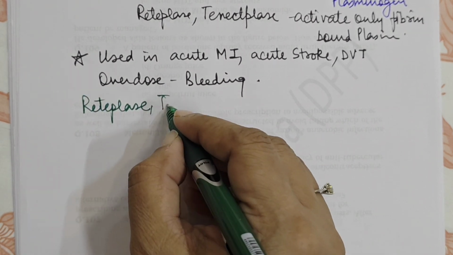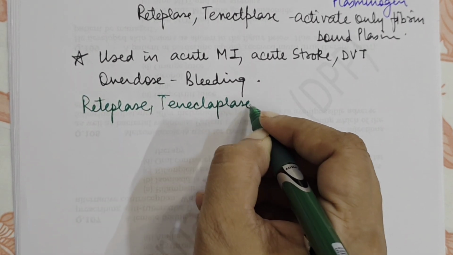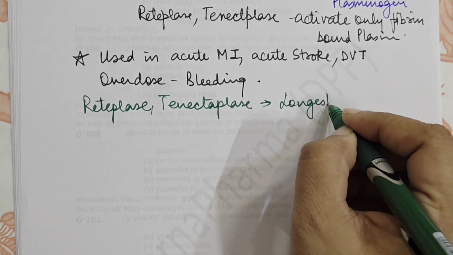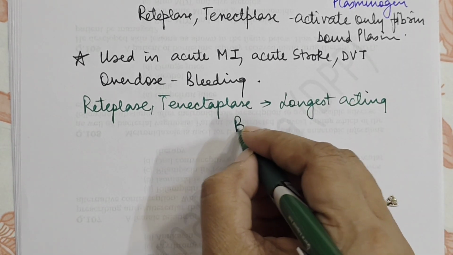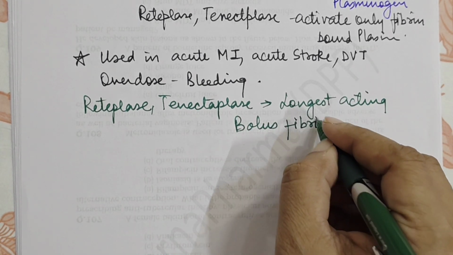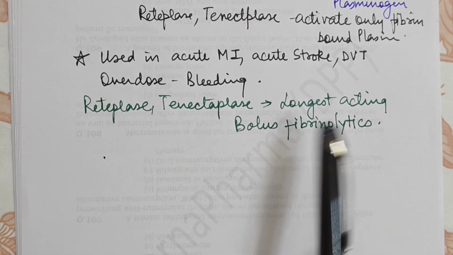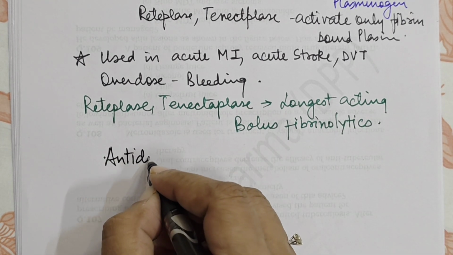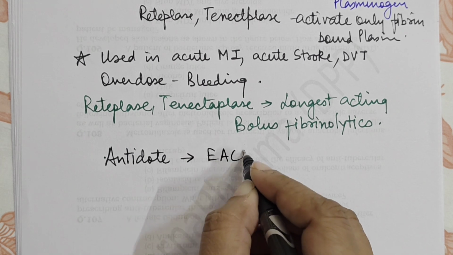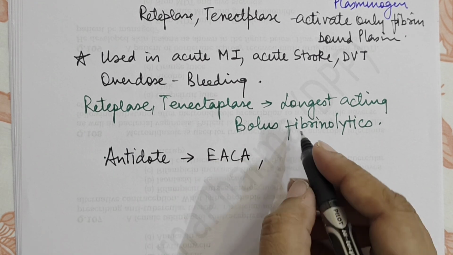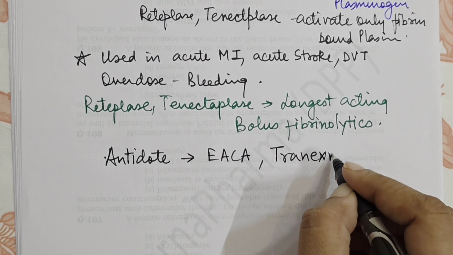Reteplase and tenecteplase are the longest acting, and so they are also called bolus fibrinolytics. Now if the dose is excessive and there is bleeding, what is the antidote? The antidote to these substances is EACA, epsilon aminocaproic acid, and tranexamic acid.